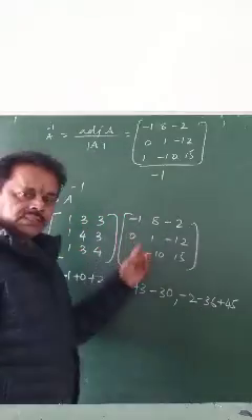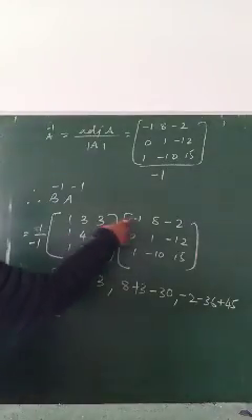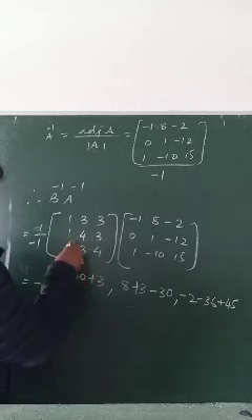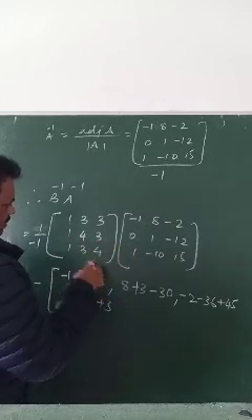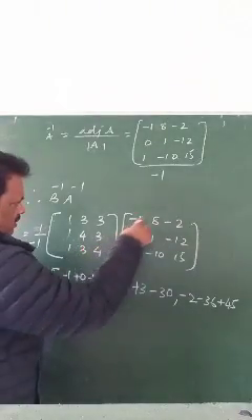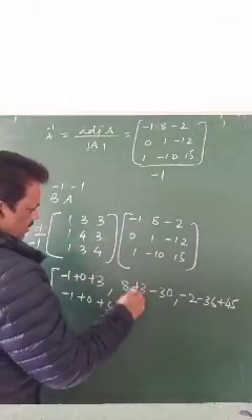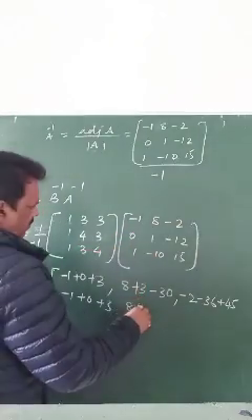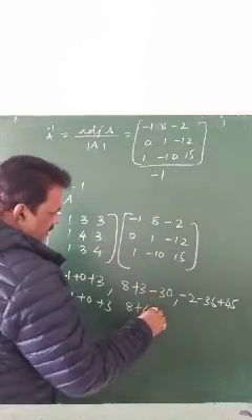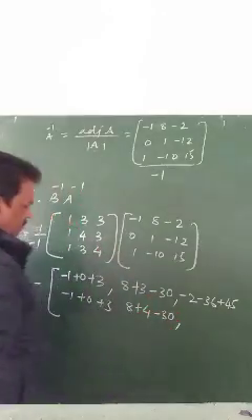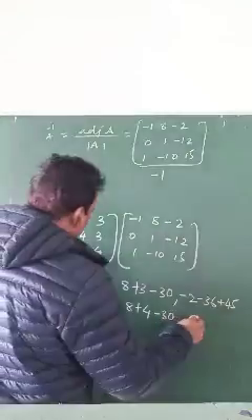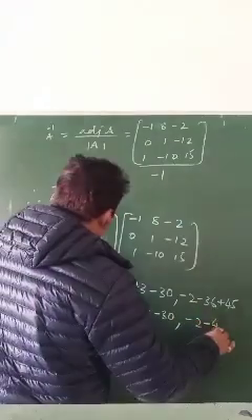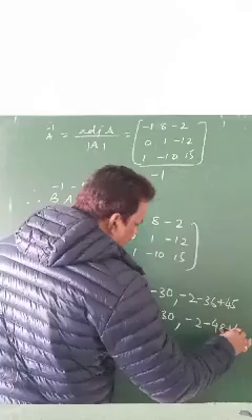Second row, first column: this is -1, this is 0, this is 3, this is 8, this row, this column, 8 plus 4 minus 30. This row, this column, -2 minus 48 plus 45.